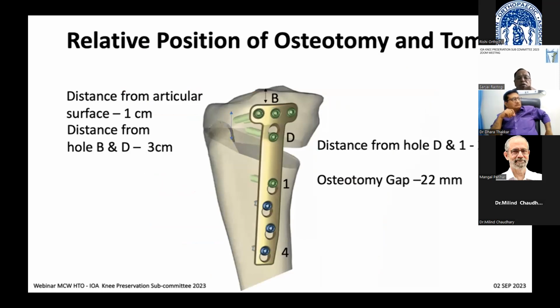So when the proximal fragment is 4 centimeters or more, this will have adequate purchase in the proximal part. And the distance between hole D and hole 1 is 26 millimeters. That means if we have an osteotomy gap of 22 millimeters, the purchase in hole D and hole 1 would be perfect.